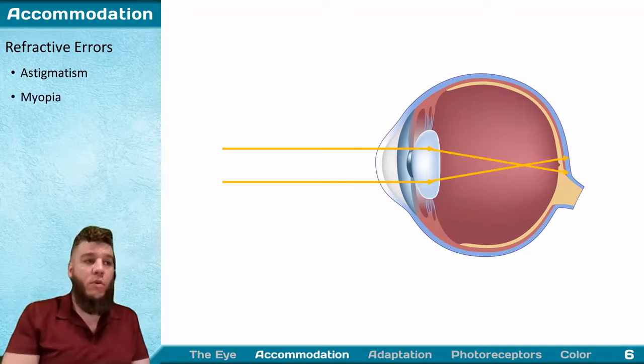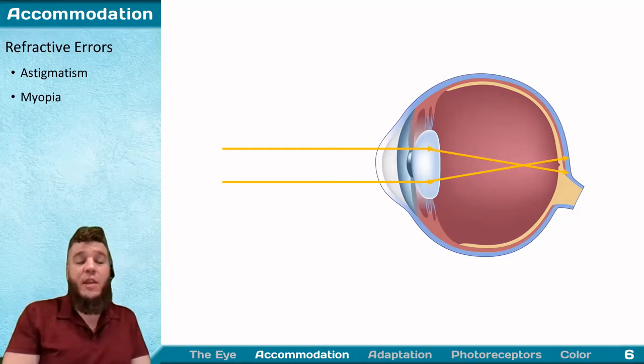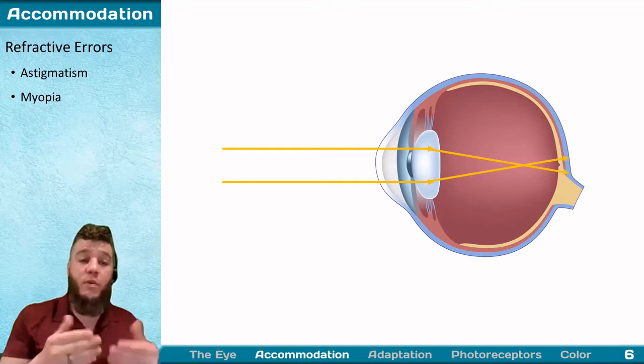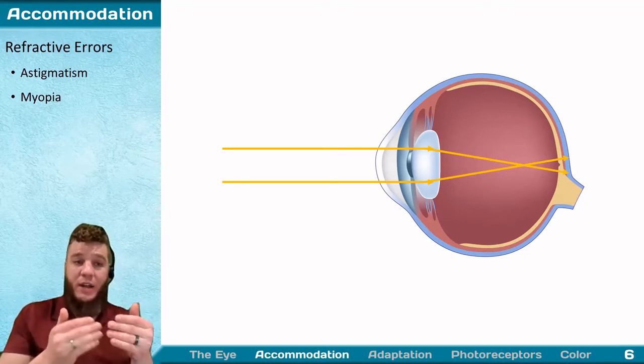Now, myopia, or more commonly called nearsightedness, is an accommodation error common in young adults, and it makes it hard to see distant objects because light focuses before it reaches your fovea instead of onto your retina.